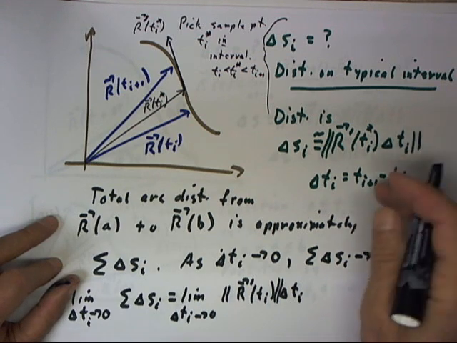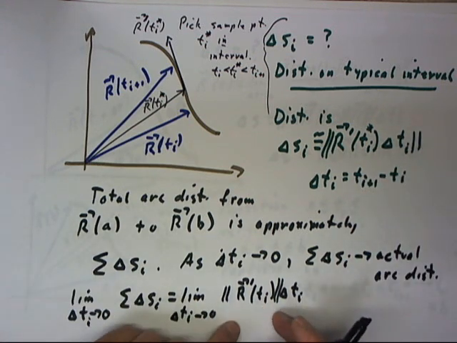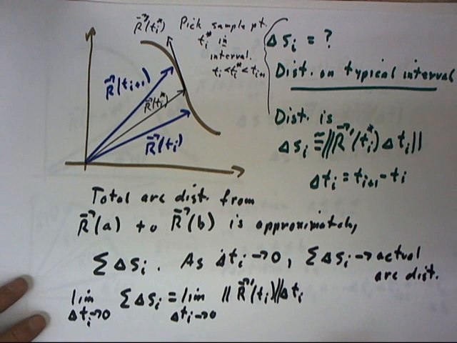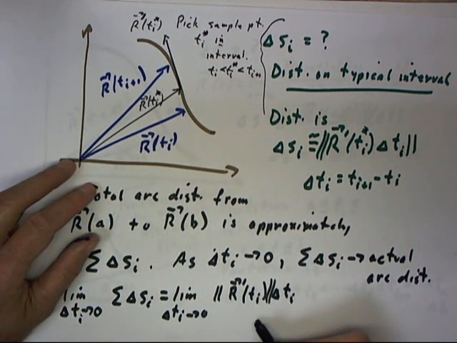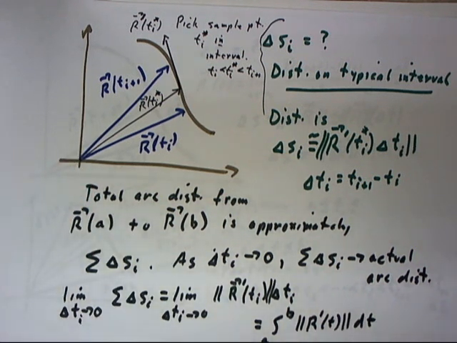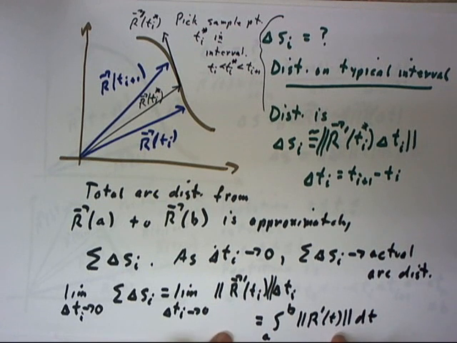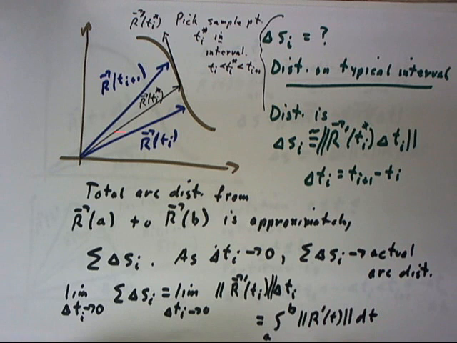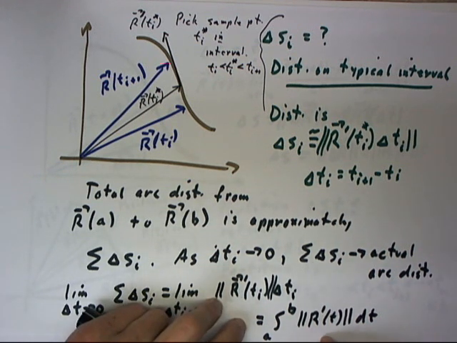Delta t sub i is assumed to be positive, so it doesn't really make any difference. But if I write it this way, what is that limit? Well, if you go back to the definition of an integral, that is just the integral from a to b of the magnitude of r prime of t dt. So our arc distance between the points is just this integral, and we'll see how that works out for a couple of specific examples.